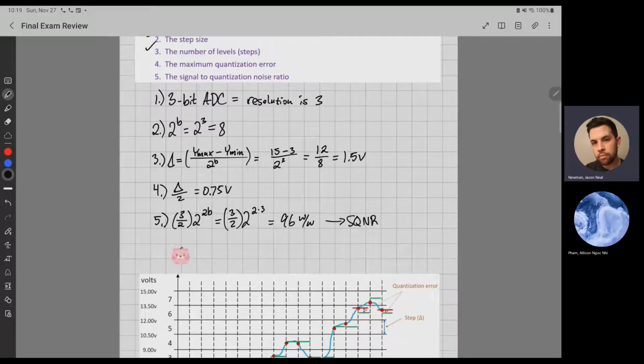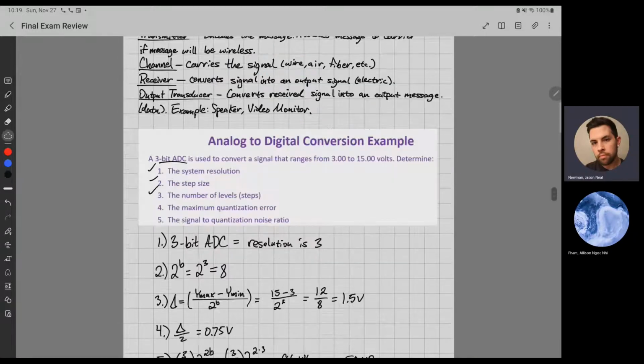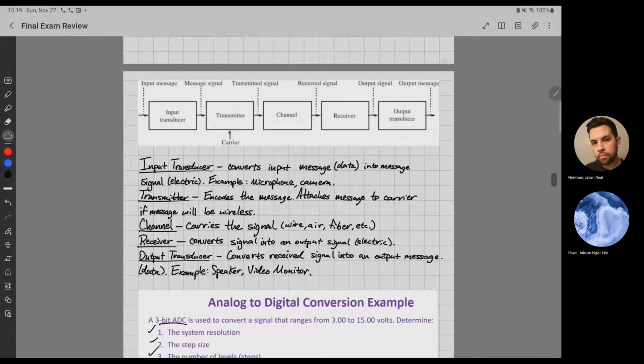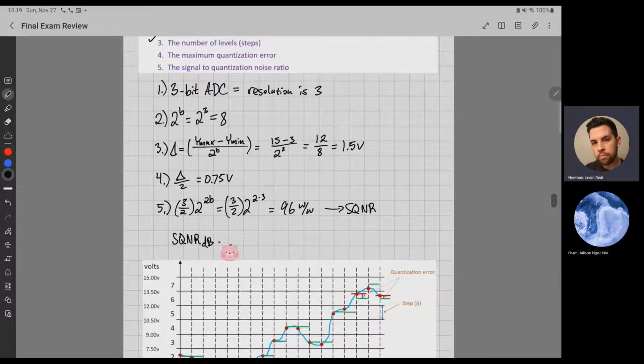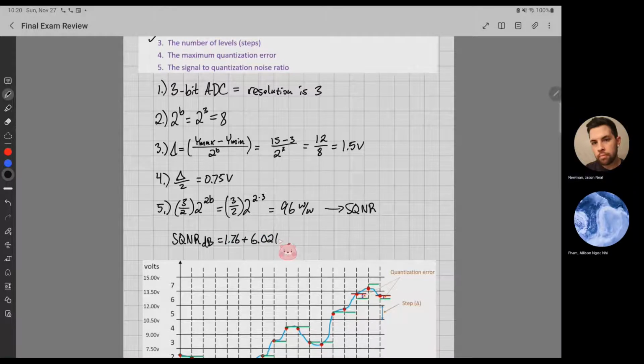That's SQNR, but then there is the other one, which is SQNR in terms of dB, which is this other formula. Let me grab that. Sorry. Okay, so that would be this, and then our B would be 3.